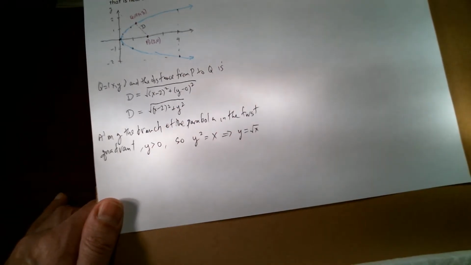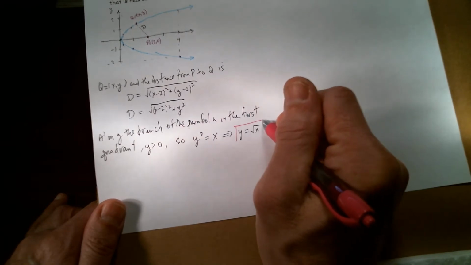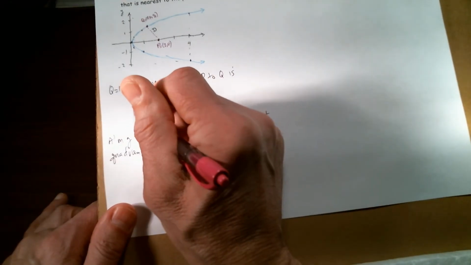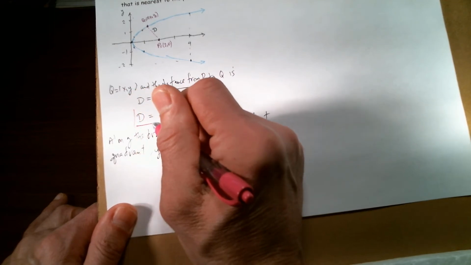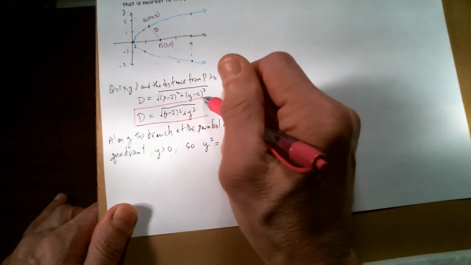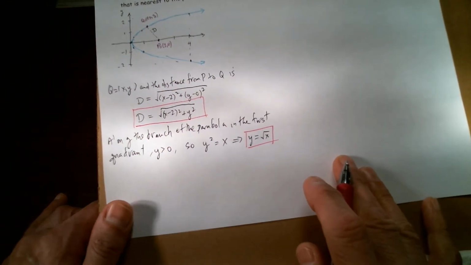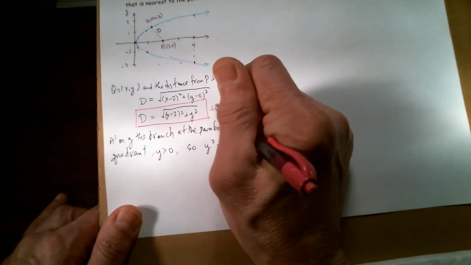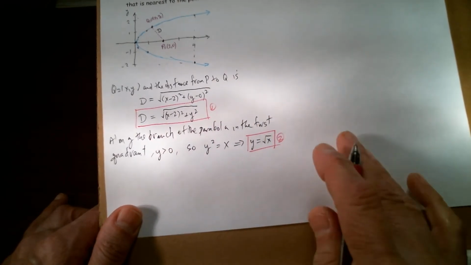Okay, and so we'll keep this equation here in a box. We have our distance from P to Q here, which was well known. And so let's call this equation 1, this equation 2.